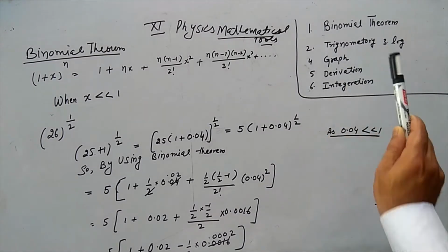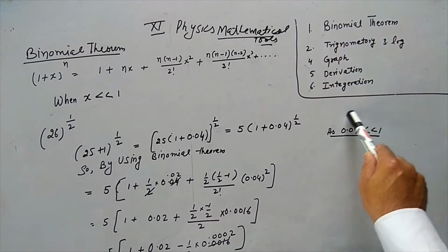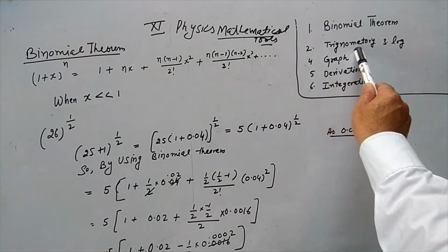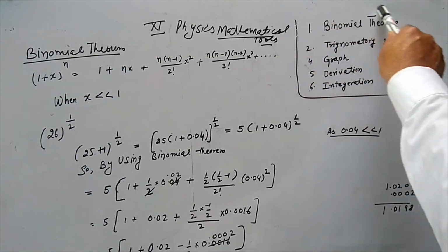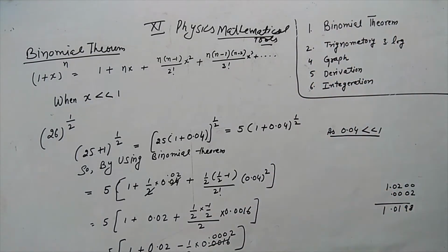And 6th, integration. Each and every term is new for you except trigonometry. Every term is new, right? So I will teach each thing slowly so that it may be clear in your minds properly. So first of all, the binomial theorem I am taking.